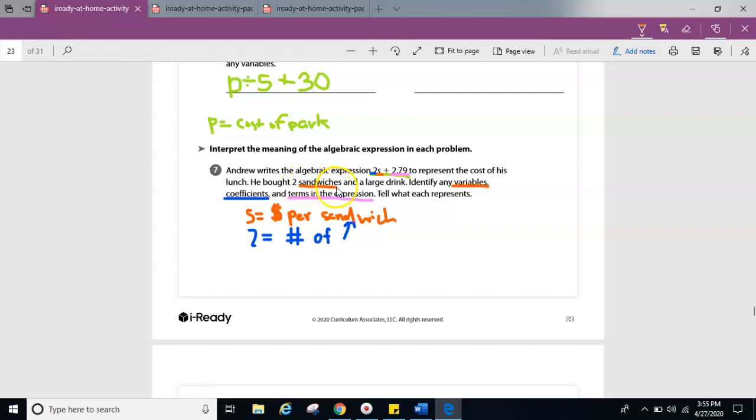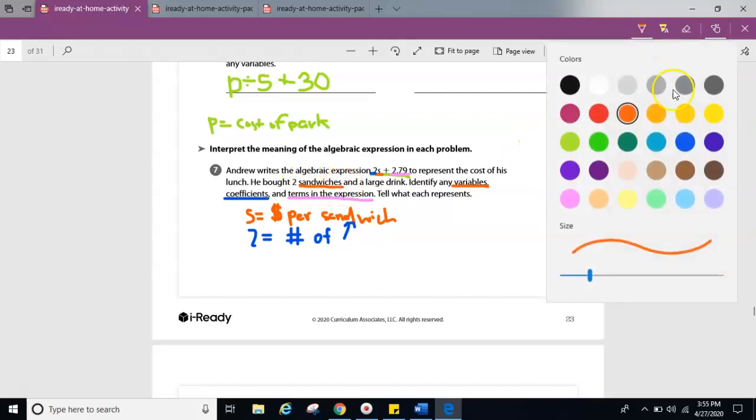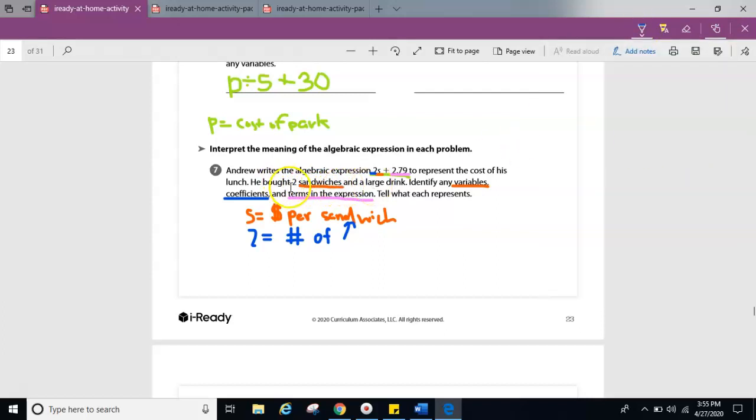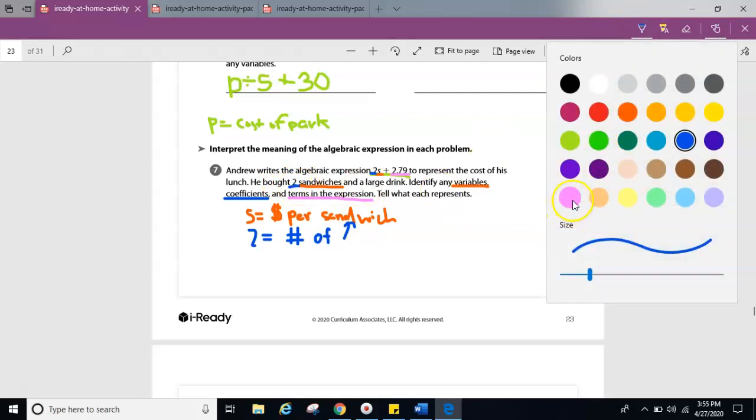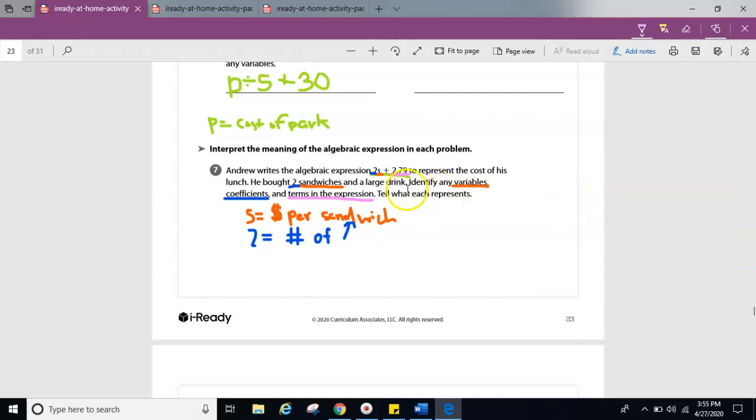So sandwiches, red, coefficient, blue, and then we've got our other terms, which is the other thing that he bought, which is the large drink. So 2.79 is equal to the cost of the drink.